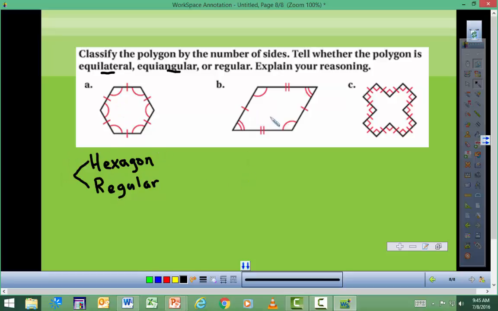How about this one? First of all, we have 4 sides, so we say it's a quadrilateral because it has 4 sides.